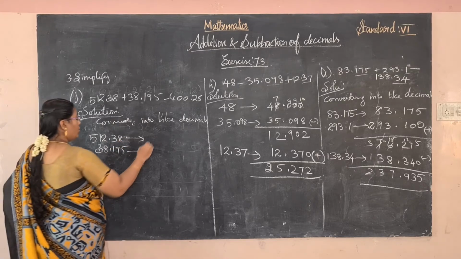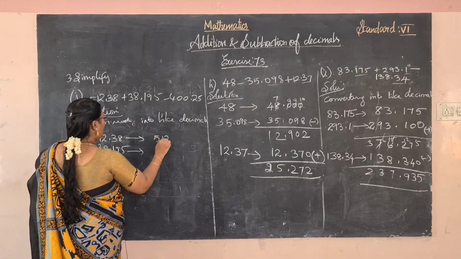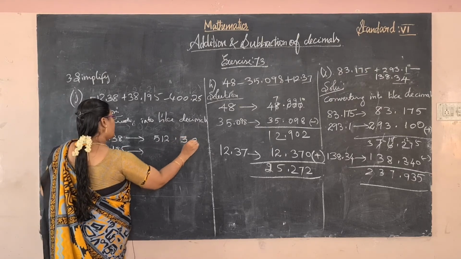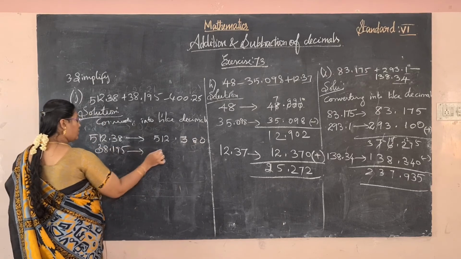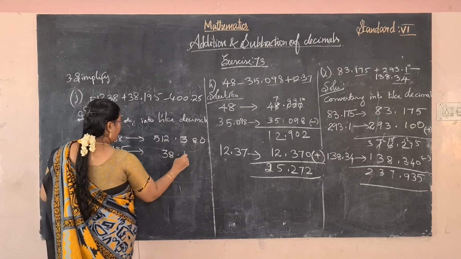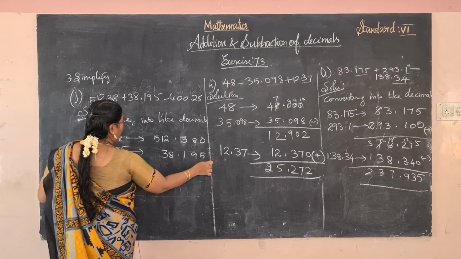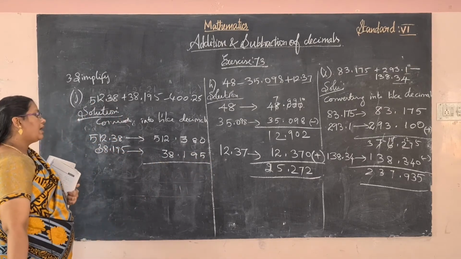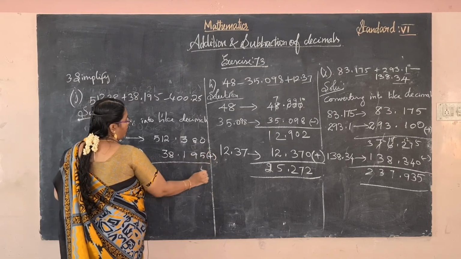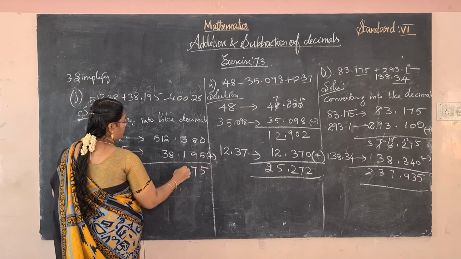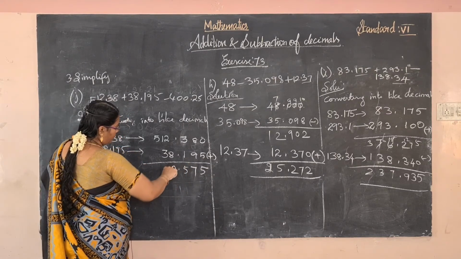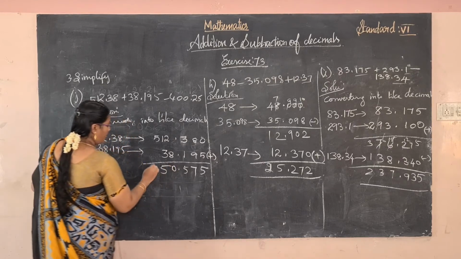So 512.38 with 0 added, and the next one 195. Which operation? Addition. Add 5, 7, 5, okay, 0, 5, 5.